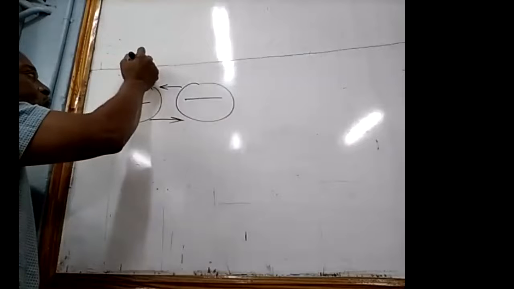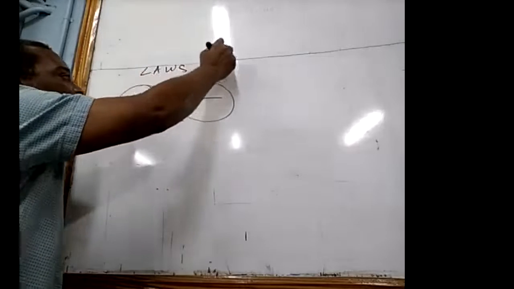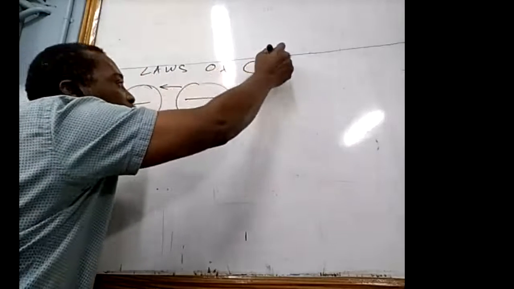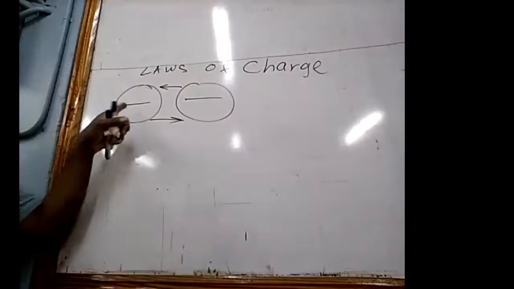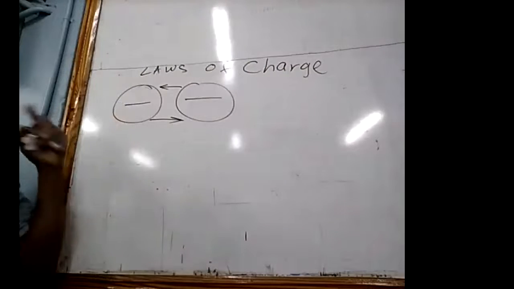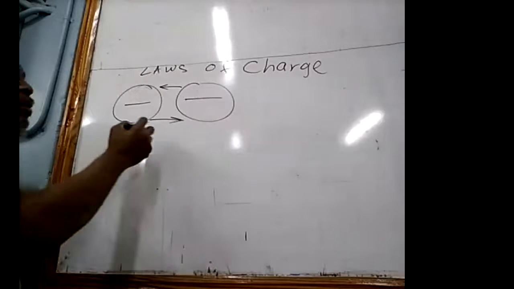So I'm going to write laws of charge, L-A-W, C-H-A-R-G-E. So the electron is a negative charged particle, but when you put two electrons together, they will repel, right?